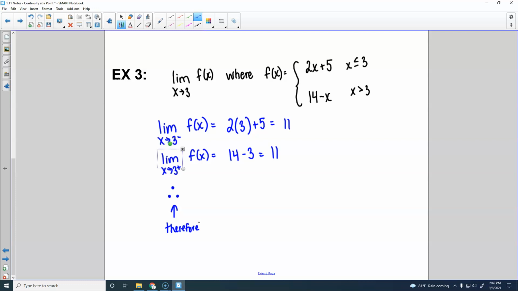So if any of you want to write as few words as you can, you can use this symbol if you want. You also are perfectly welcome to write the words out. But I think it's kind of pretty. Thomas likes words. So therefore, we can say the limit as x approaches 3, and I'm not going to put a plus or minus, so that means it's from both sides, of f of x equals 11.